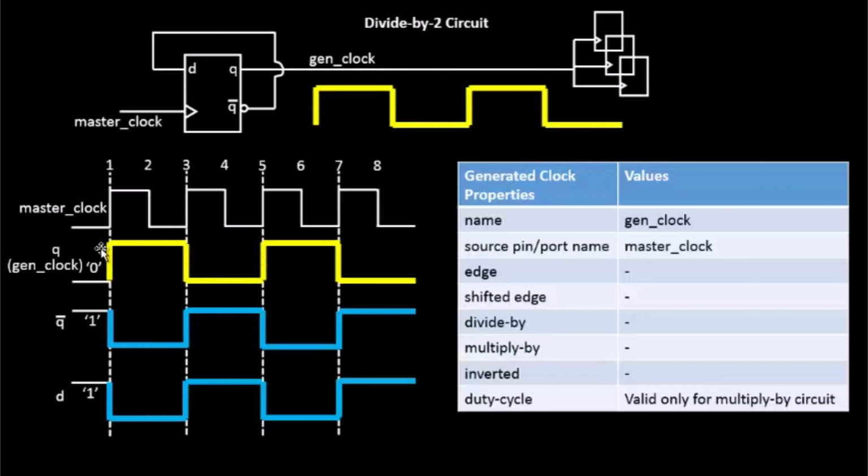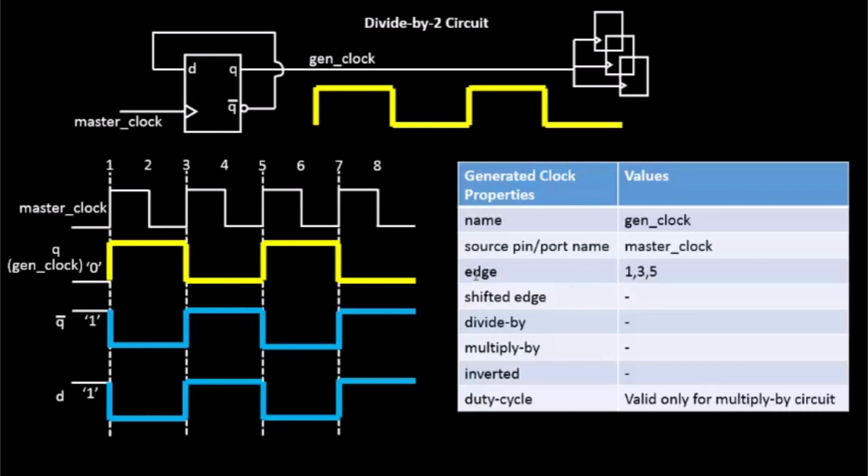So combining these two observations, can we derive some properties out of it? The same generated clock properties which had a divided by 2 option over here, we'll not use the divided by 2 option. Instead we'll define this property of the generated clock with respect to the master clock, in terms of edges. So it says 1, 3, 5.